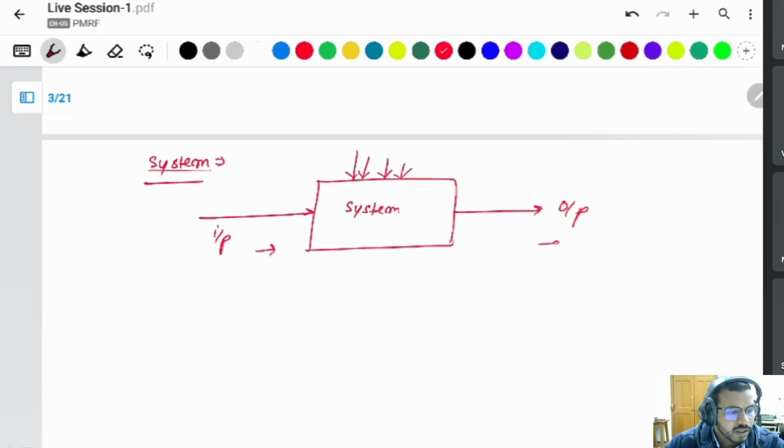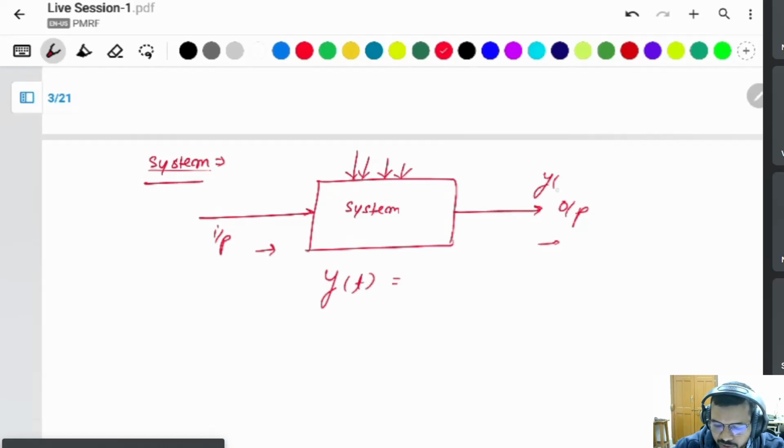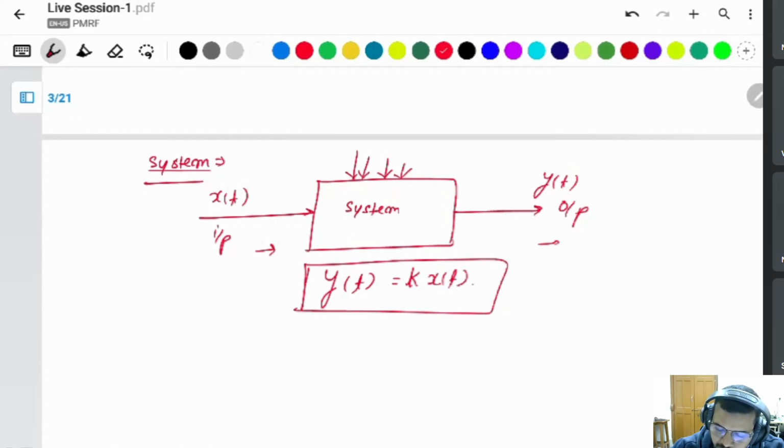You can express this like y(t) for the output and x(t) for the input. Some gain is multiplied with the input signal at the output because of the system.